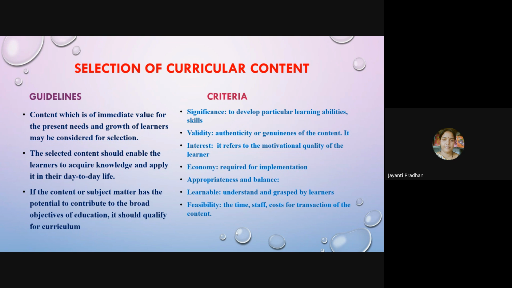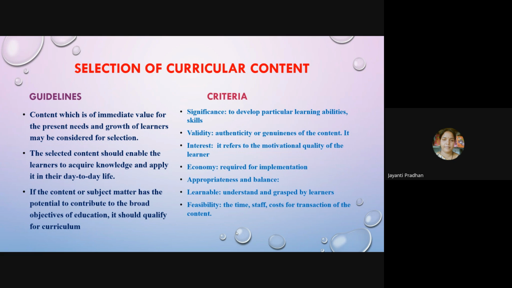Then learnable: whatever content we are selecting must be understood by the learners and they can easily grasp the content material. Then feasibility: suppose we are selecting for a program of 6 months or 1 year or 3 months.